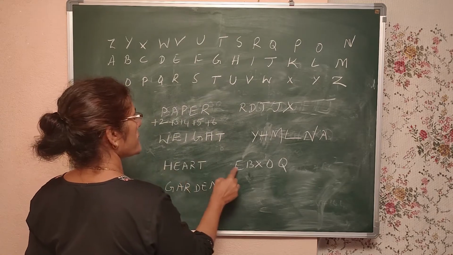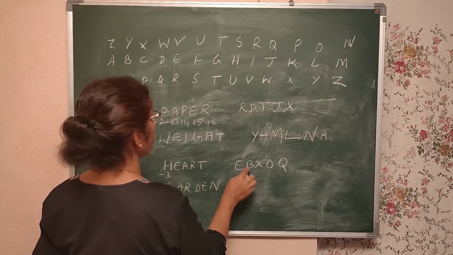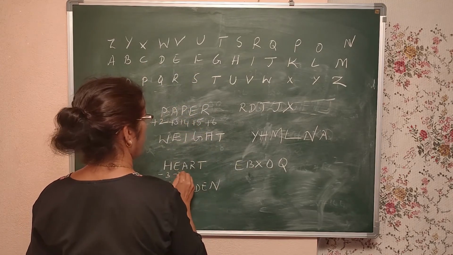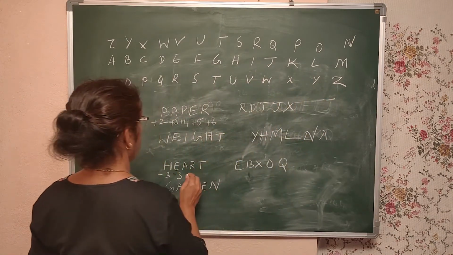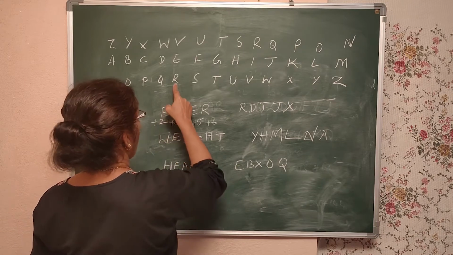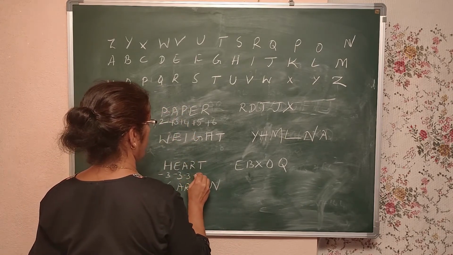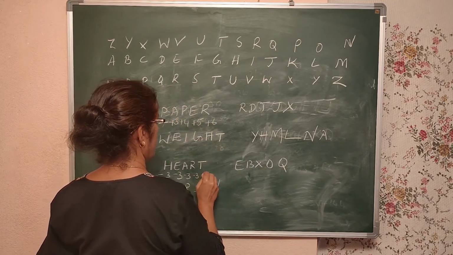H is coded as minus 3. EB: 1, 2, 3, minus 3. A: 1, 2, 3, minus 3. R, O: 1, 2, 3, minus 3. T, Q: 1, 2, 3, minus 3.